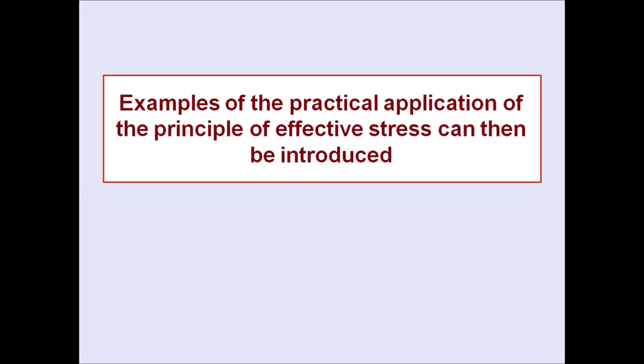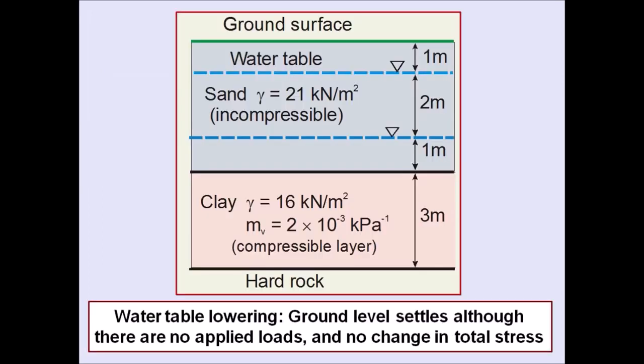Examples of the practical application of the principle of effective stress. I like to start off with this one, just the effect of lowering the water table and working out how much compression will occur in that clay layer shown there. We have to introduce the simple relationship between compressibility and the applied stress using the linear parameter mv there, which is given, and make the assumption, for simplicity, that the unit weight of the sand remains the same as the water level is lowered.